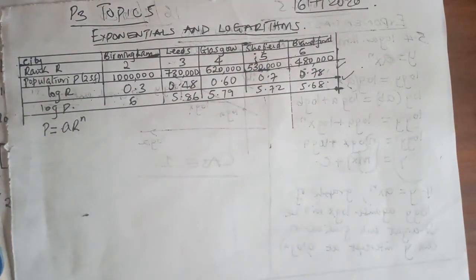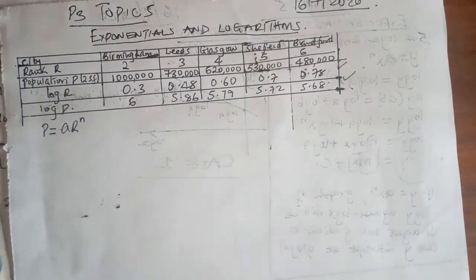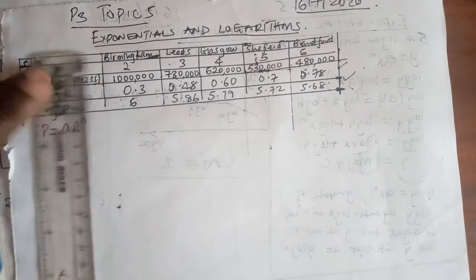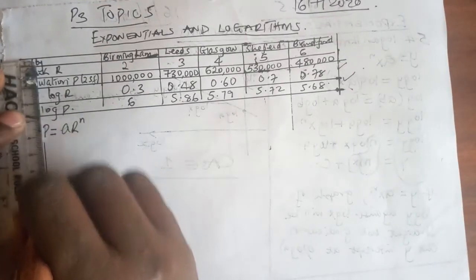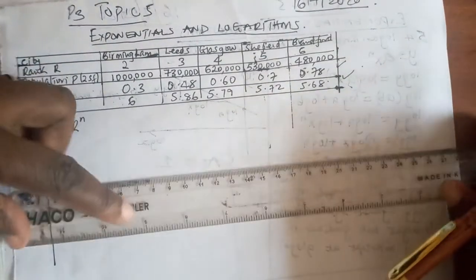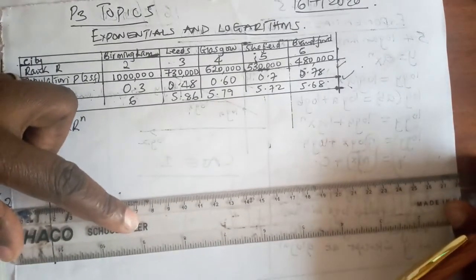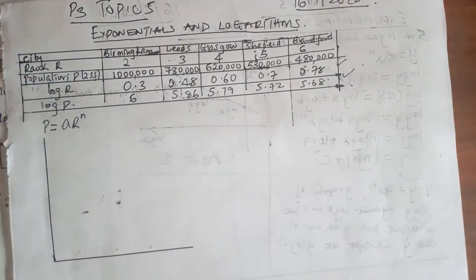Part B asks us to plot a graph of log R against the logarithm of P. With this kind of question, we just have to come up with the XY axes, and let's say that this is the Y axis, and what I'm drawing now is the X axis.